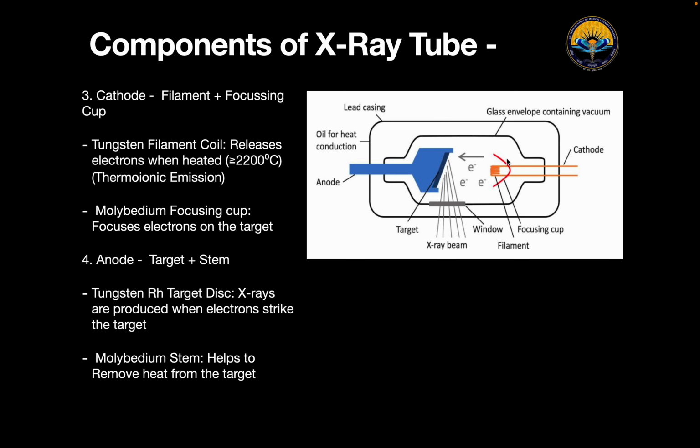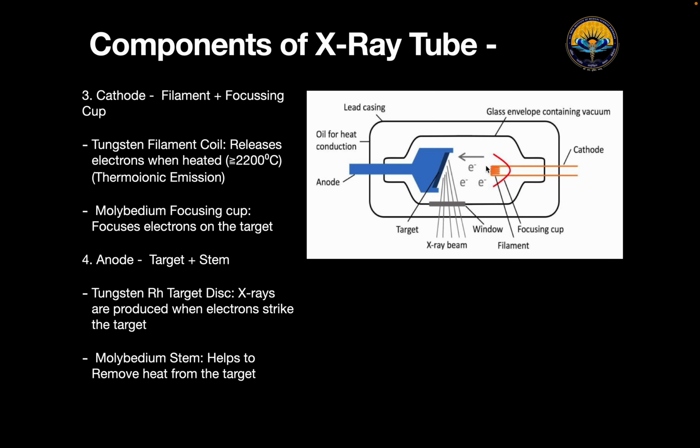Then the second component is the focusing cup. This focusing cup also has negative potential like the filament and the electrons, so it repels the electrons towards the anode. But you should know that this is not the main point which will accelerate the electrons toward the anode.